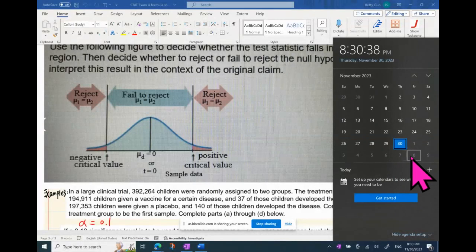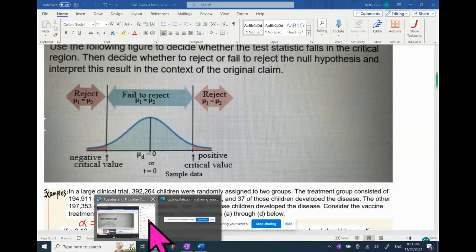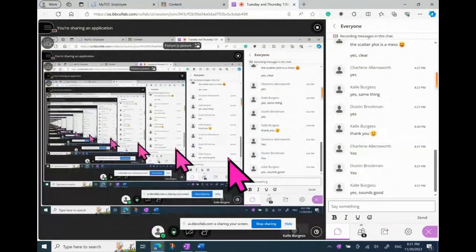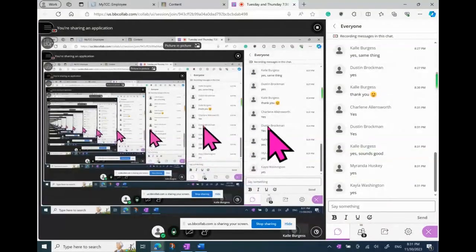I don't know if they open on Friday, so you should check the hours by calling the testing center you are going to take the test at. Suppose you take the test on the 7th, you still have about two days to catch up on homework if you haven't. Does that sound good? Okay, awesome, perfect, very good.